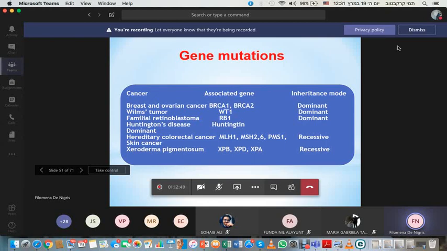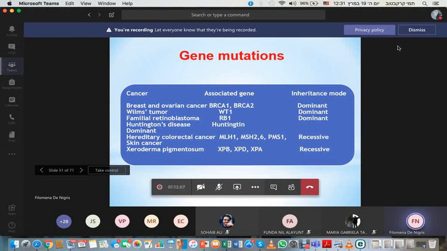We can ask, if we observe a family history of tumor, to take a little bit of blood and verify in blood specific mutation associated with tumor.